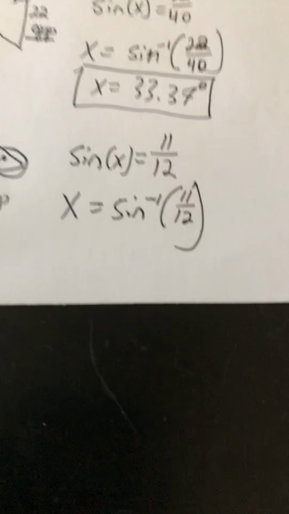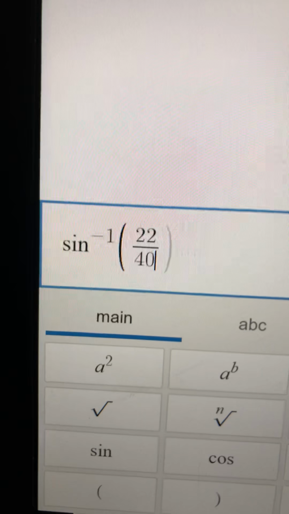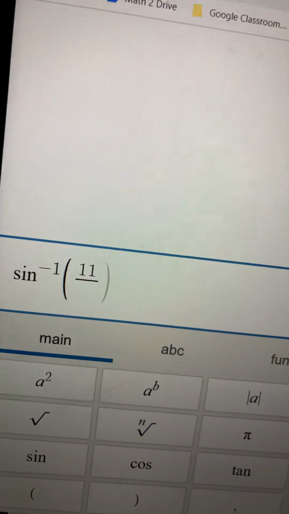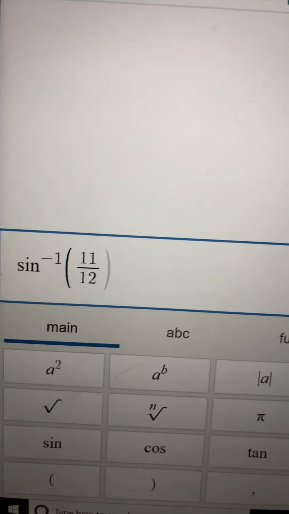And that's what we're going to type in. So inverse sine of 11 over 12. So over here, inverse sine of 11 over 12 gives us an angle of 66.44 degrees.